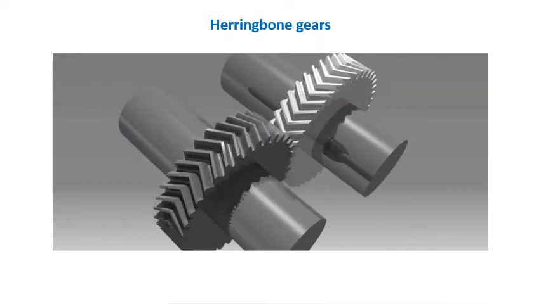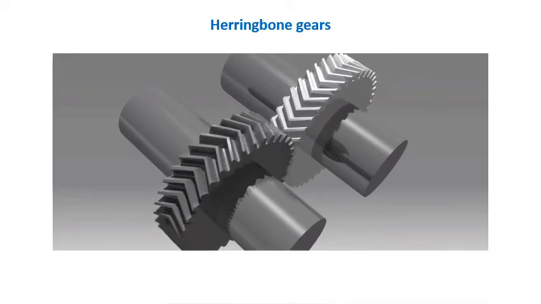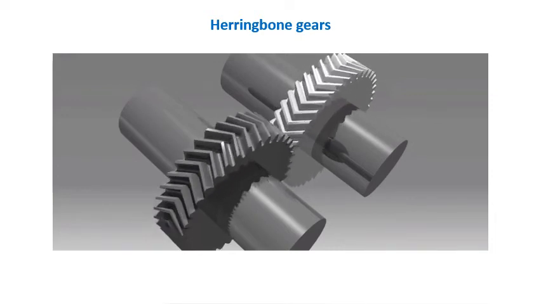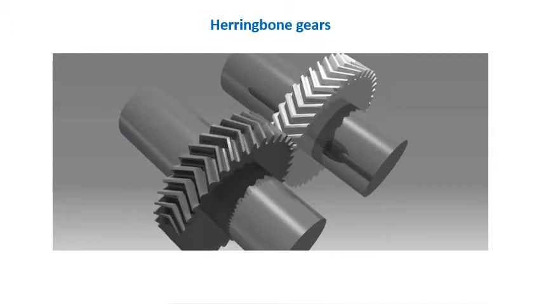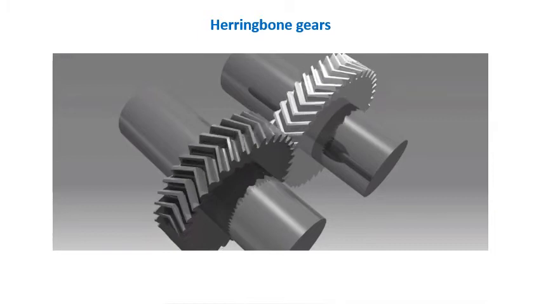Herringbone gears operate more quietly and smoothly, and the load carrying capacity of these gears is high, and this gear reduces the end thrust on the bearings, and efficiency of these gears is high, which is almost equal to the spur gear.